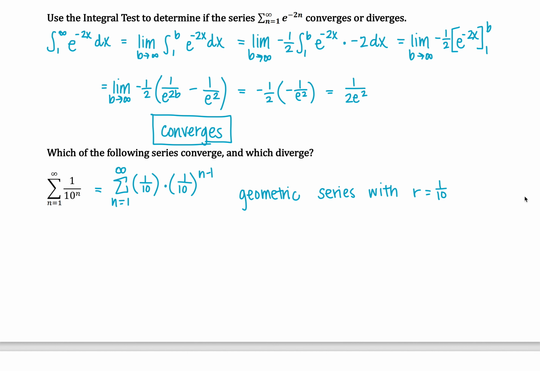Obviously 1/10 is less than 1, so the series converges. So like I said, as useful as the integral test is, you don't have to use it, especially if you have something else that might be quicker.